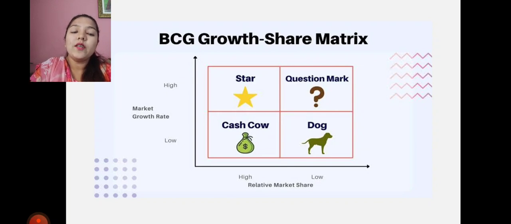In question mark, it is the stage of introducing the product into the market. Question mark is the introduction stage, star is the growth stage, cash cow is the product maturity stage, and dog is the decline stage. In the product life cycle, we can also consider question mark, star, cash cow and dog.